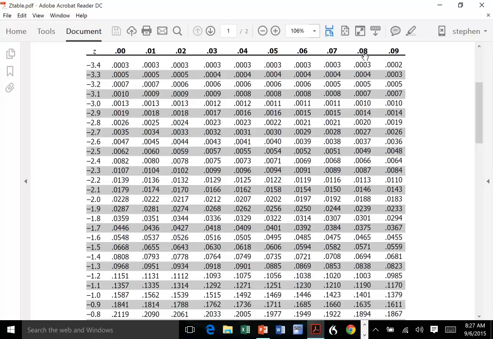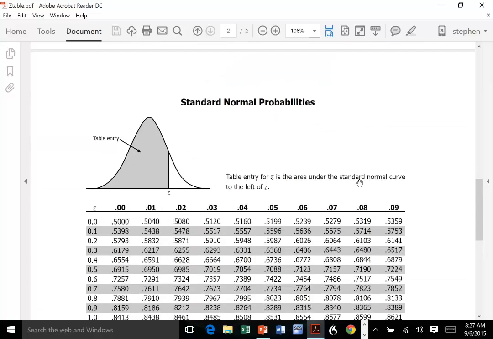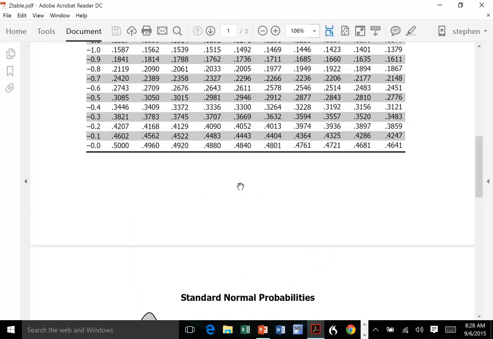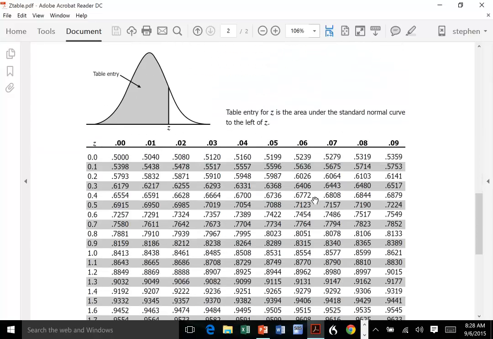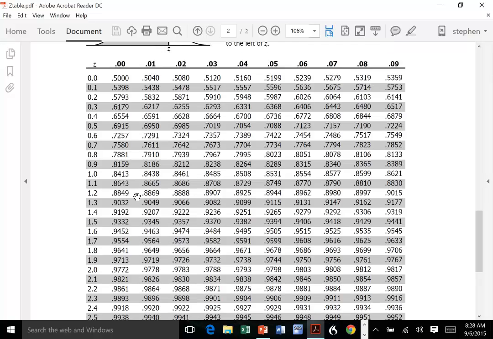So minus 2.58 for the lower critical value. And are we going to find the same thing for positive? Yes, indeed, because if we look right here, you'll see that 0.995 falls at plus 2.5, and the nearest column is 8.